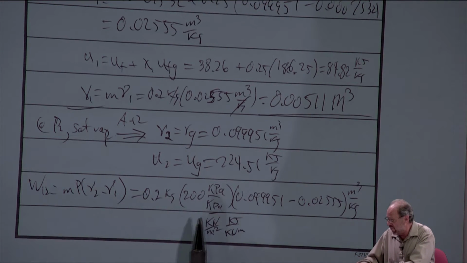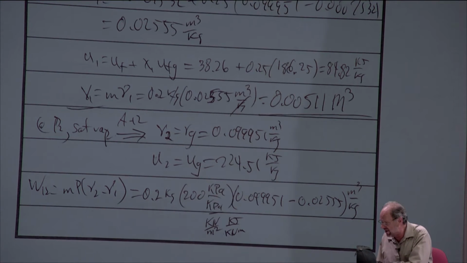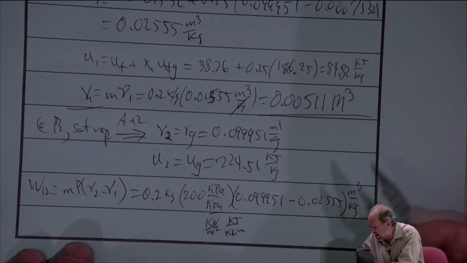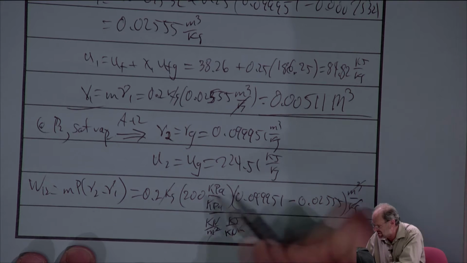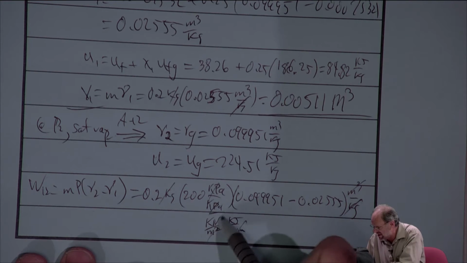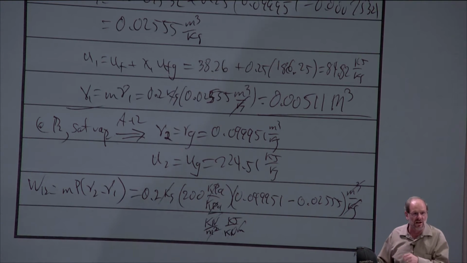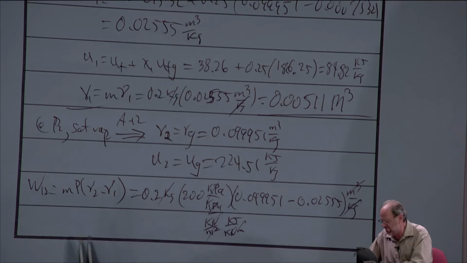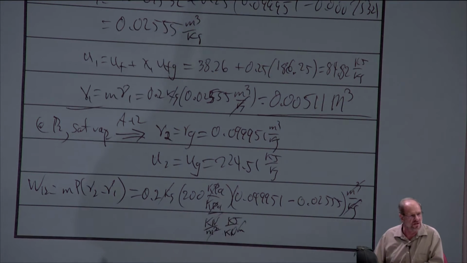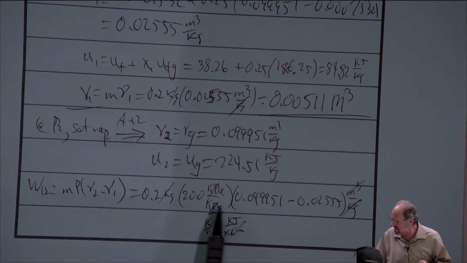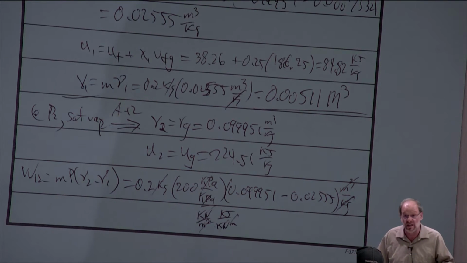So we can just cancel out all the units here, and everything cancels. Mass cancels, cubic meters cancels, kilopascals cancels, kilonewtons cancels. We just are left with kilojoules, right? So as long as you're in the SI system solving for work, there's no unit issues. Everything's an identity with regard to these conversion factors, so it works out easily.